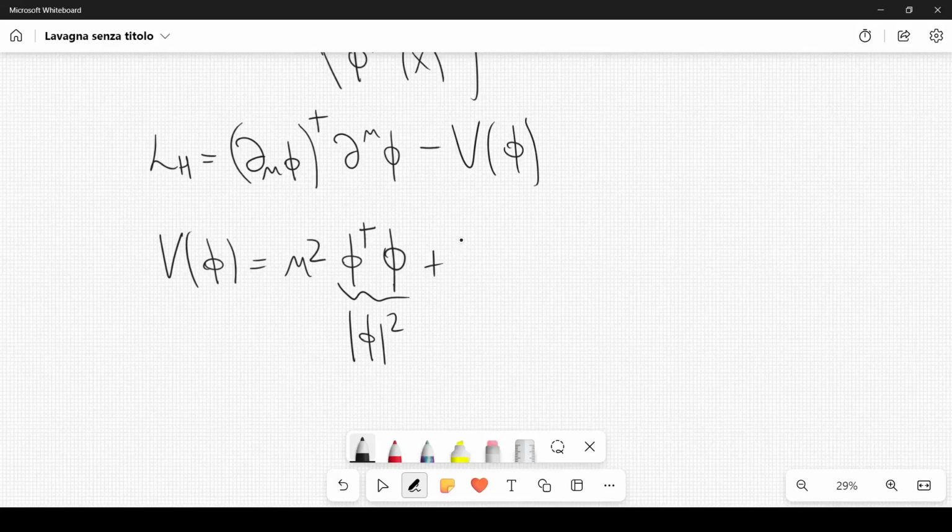Then we also have plus h, which is another constant, times (φ†φ)², so this one will be modulus of φ to the fourth.